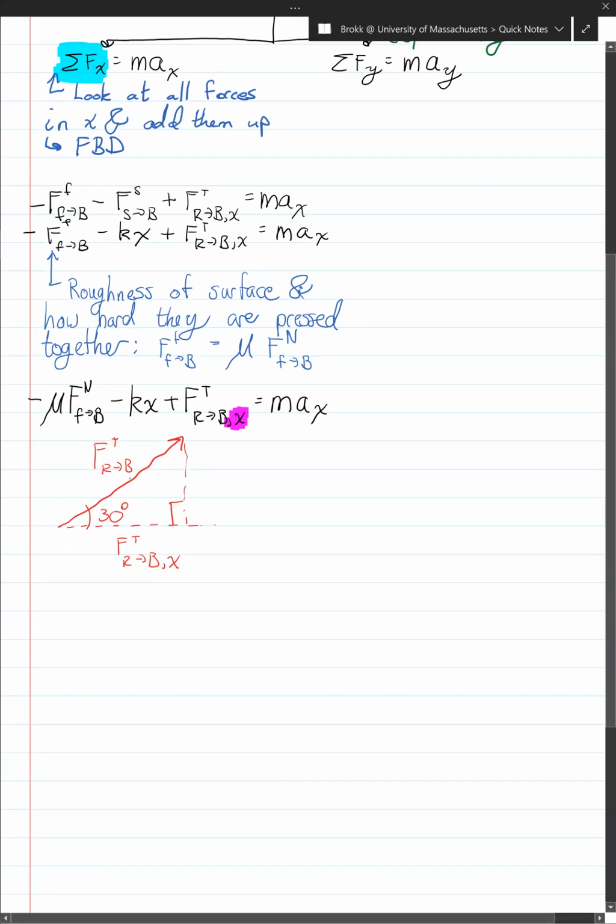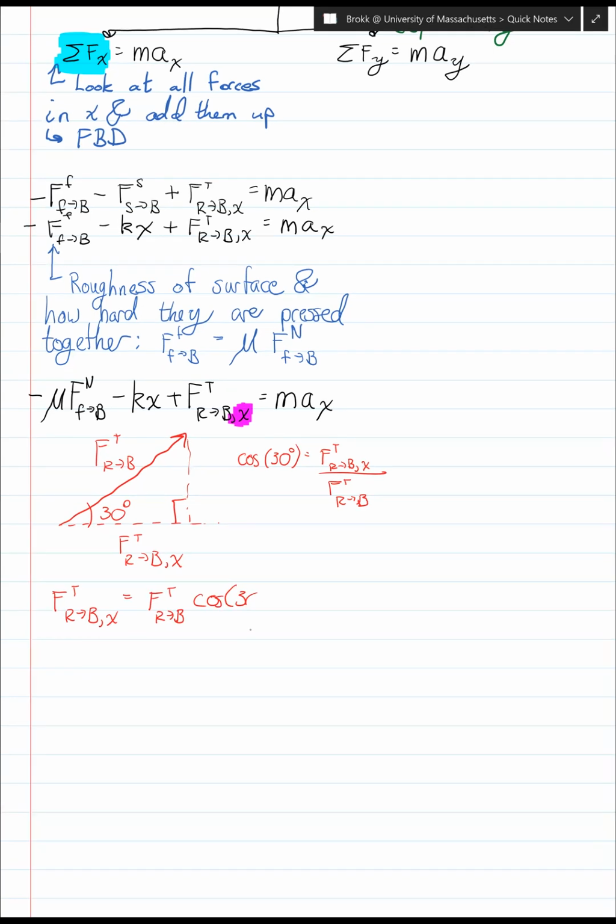We can do the trigonometry and see that cosine 30 degrees is the force of tension rope on box in the X over the force of tension rope on box, meaning that force of tension rope on box in the X is the force of tension rope on box cosine 30 degrees.